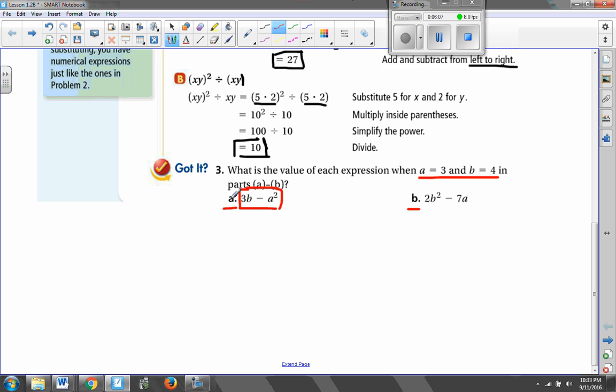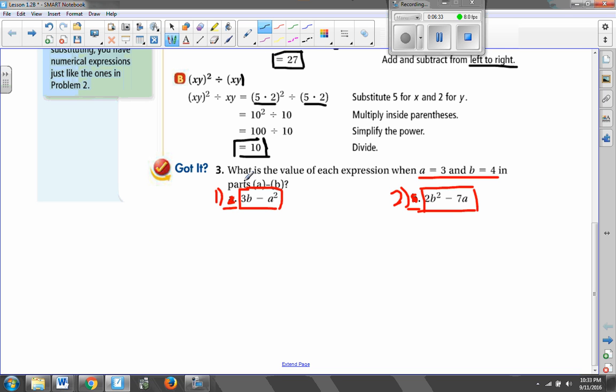So let's not call this A. Let's call this number 1, and let's call this number 2. That'll be less confusing with our letters. So evaluate these 2 expressions here when A is 3 and B is 4. Pause the video, take a minute, evaluate those expressions, then come on back and I'll show you what we should get.